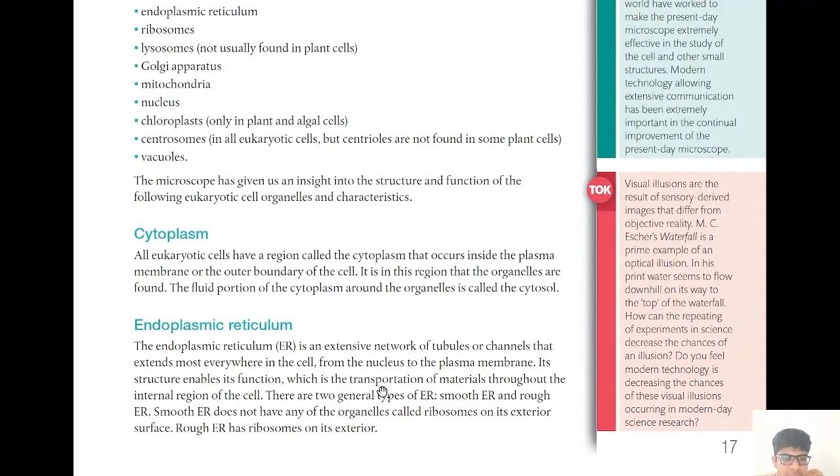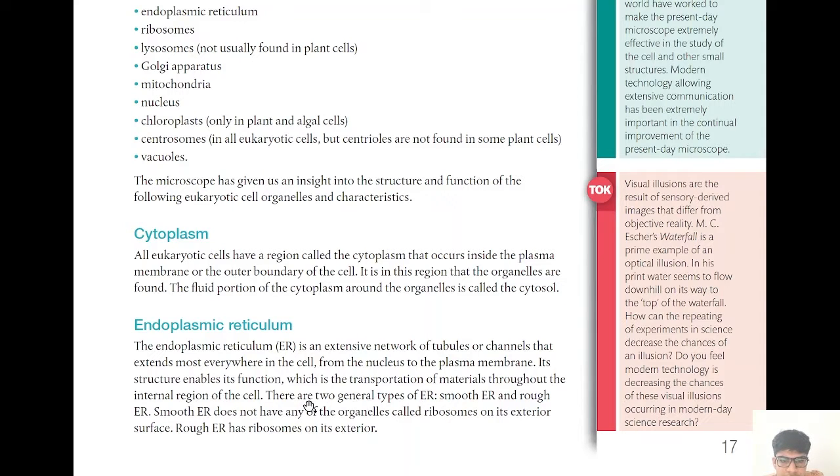Endoplasmic reticulum (ER) is an extensive network of tubules or channels that extend almost everywhere in the cell, from the nucleus to the plasma membrane. Its structure enables its function, which is transportation of materials throughout the internal region of the cell.